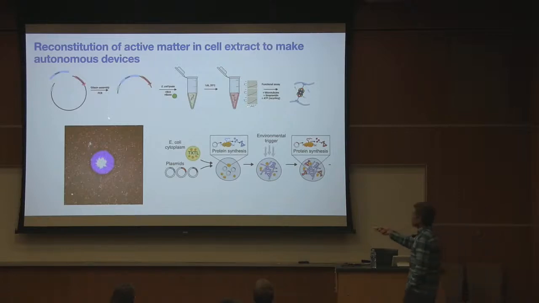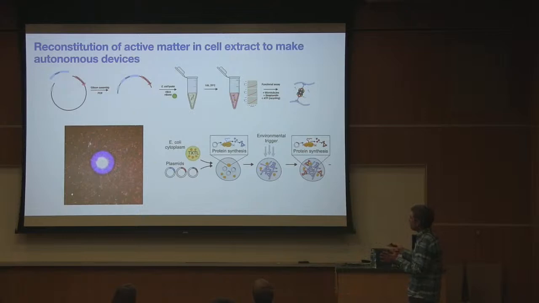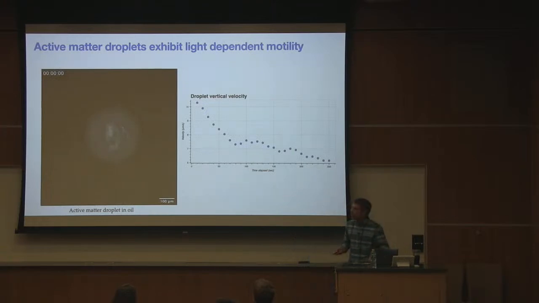What we've done over the last few years is a bunch of work using TXTL, where we make different motor proteins in TXTL, and that's been really helpful for a bunch of other reasons. And we have our first proof of principle result, which is going to seem very simple and boring, but is exciting to us. This is a droplet of active matter, sitting in oil actually.